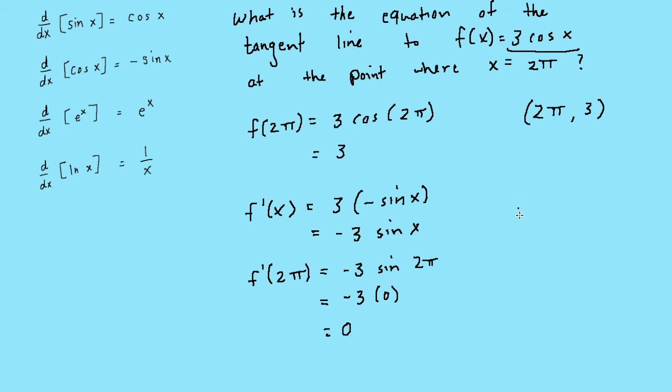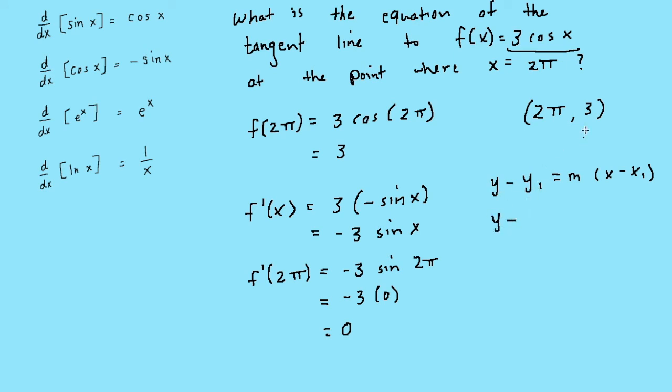Now we can use y equals mx plus b, or y minus y1 equals m times x minus x1 to get the equation of the line. I like the latter, so let's use that. But if you like y equals mx plus b, you can continue to do that as well.